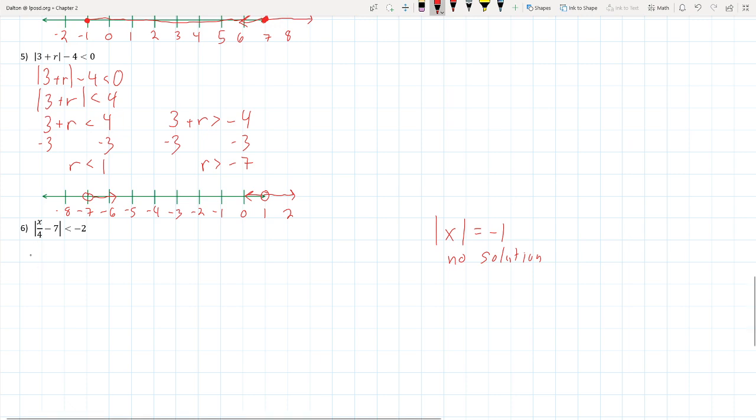You could still go through and solve this, and whenever you went back and plugged in an answer, you'd get an answer that wouldn't work because you wouldn't be able to get less than a negative. If it's at 0, it works. You get a partial answer if you do greater than a negative, and it actually winds up being all numbers that work for that. So just one of those to keep an eye out on.